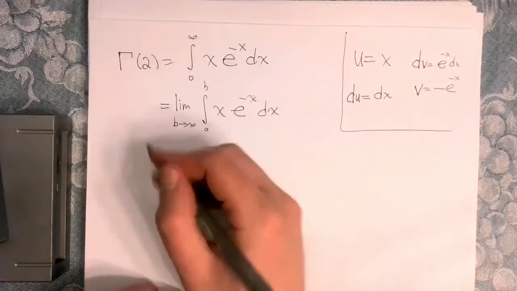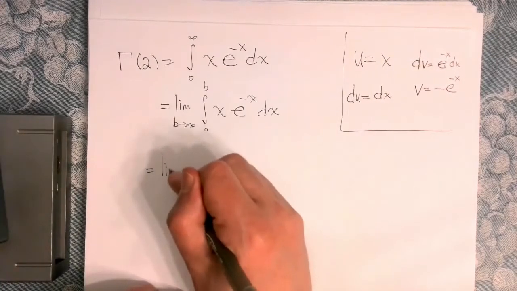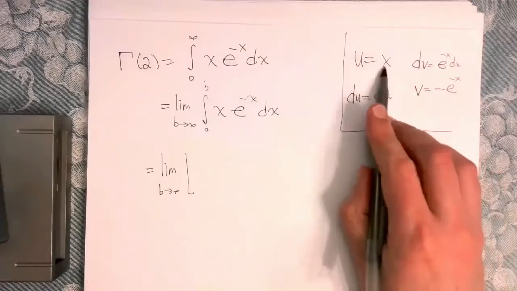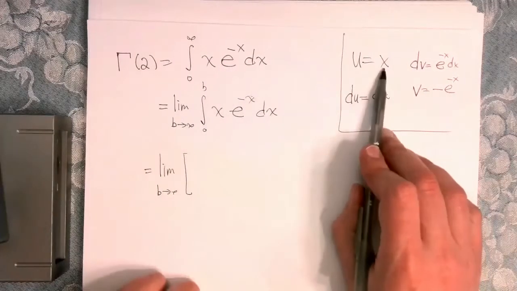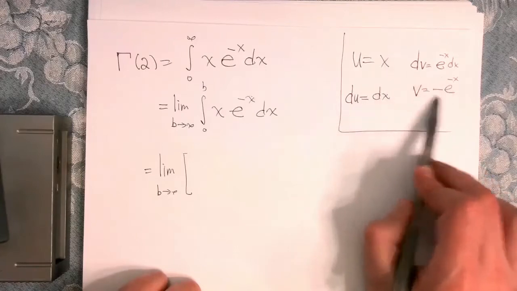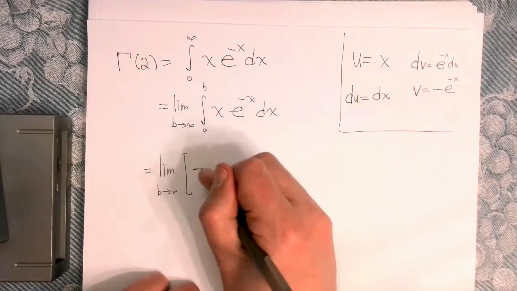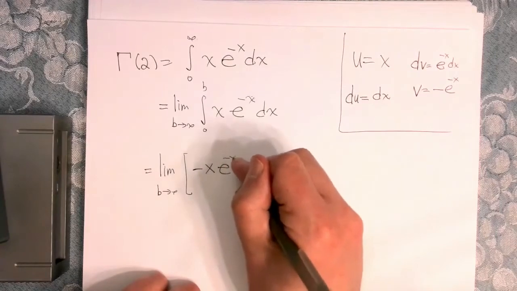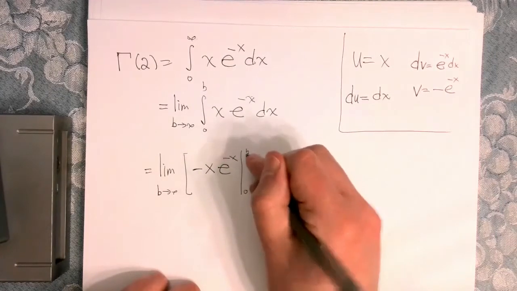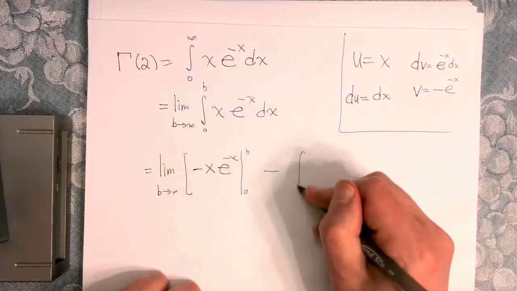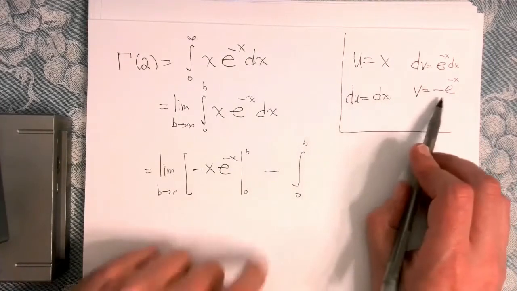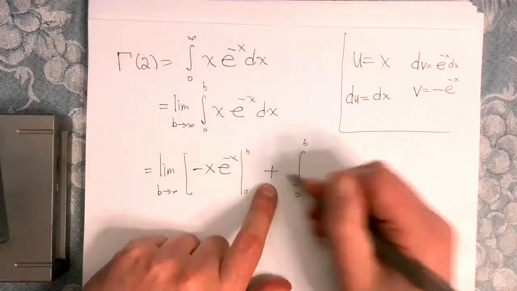Okay, good. So limit last. And we've got uv, so u times v. Okay, so there's u times v minus the integral of v du. Now, this minus and this minus will make plus.